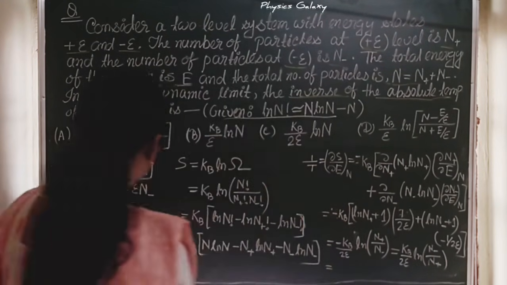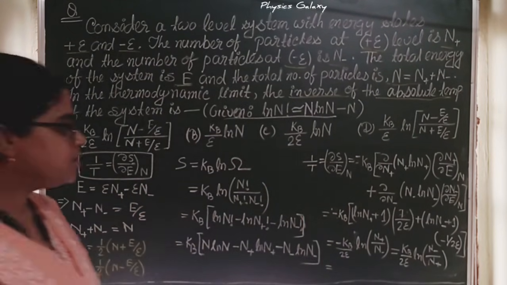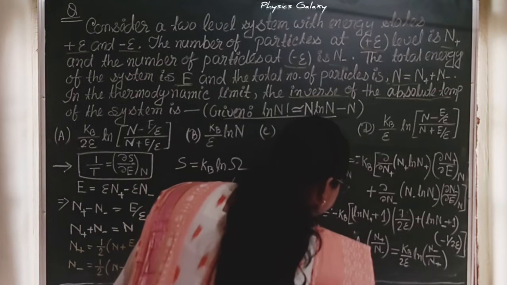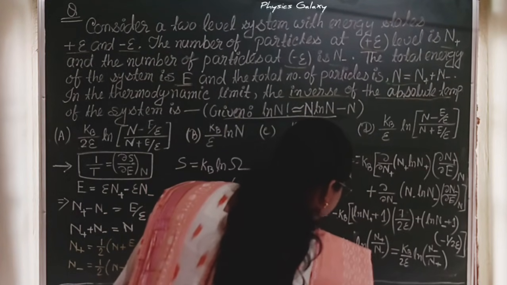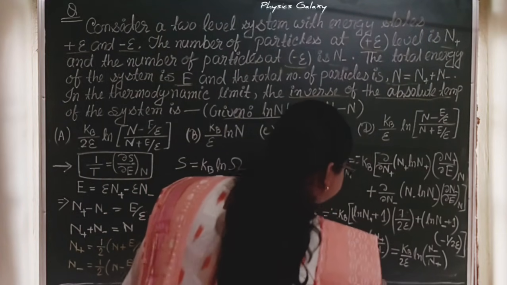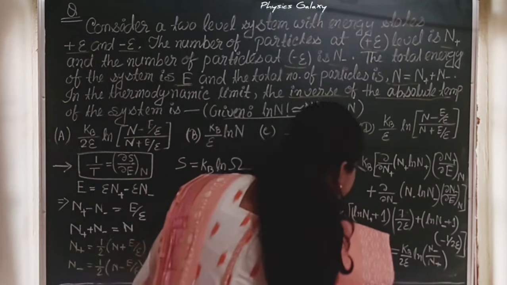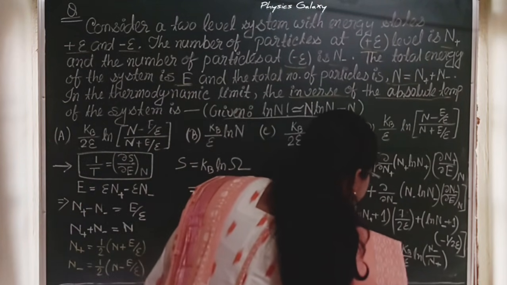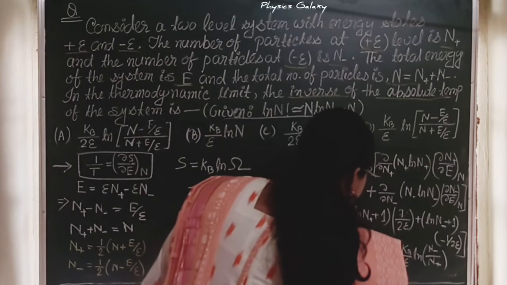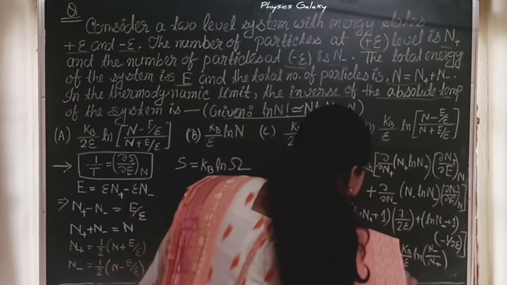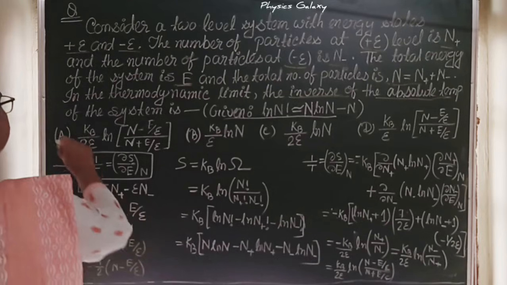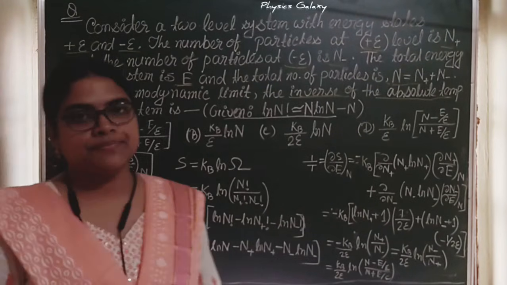Putting the value of n minus and n plus from here, we will get Kb by 2 epsilon ln of n minus E by epsilon by n plus E by epsilon. So our answer will be option A. Thank you.